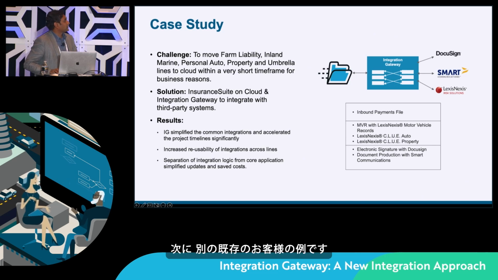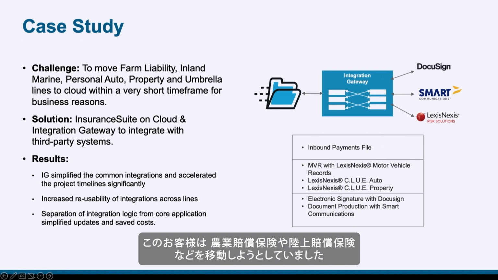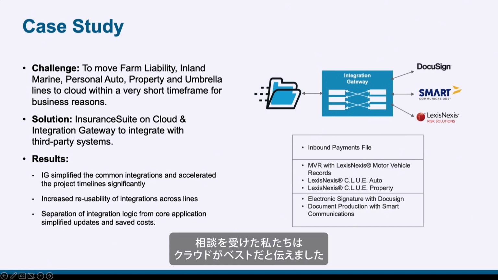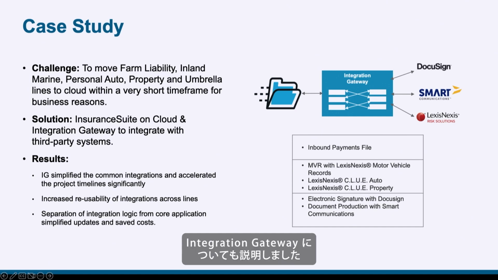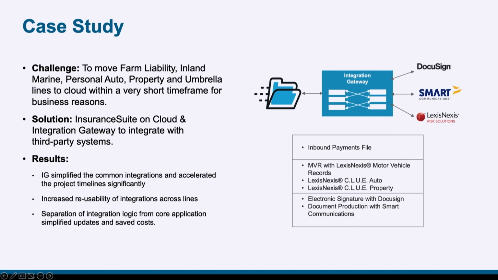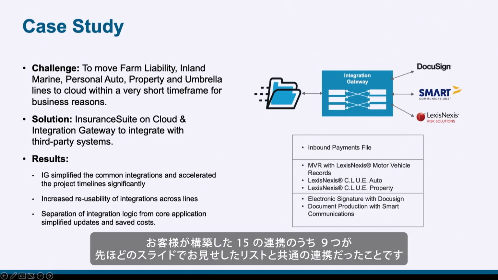This is another customer, which was an existing customer. They were planning to move all these lines of business, farm, liability, inland. Again, they approached us. We told them cloud is the best way to go, right? And then we talked to them about integration gateway as well. One of the interesting things in this case study is they built about 15 integrations total, and 9 of them were the common integrations I showed you on the other slide.